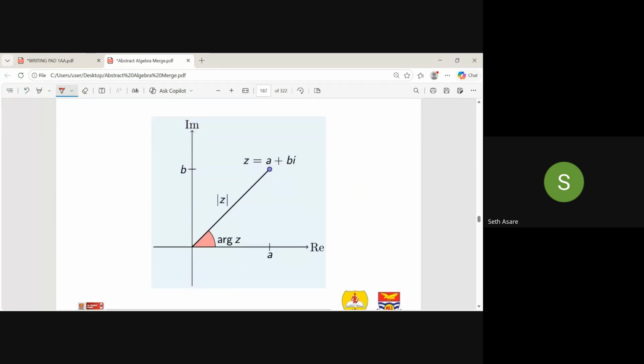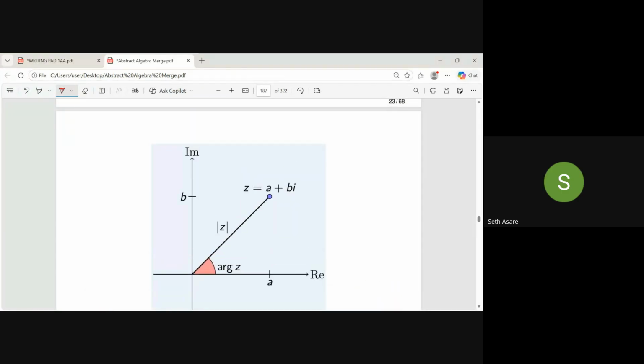All right, so let's try. Now, this is what is given to us. Z is equal to a plus bi. When we find the modulus, it is from here up to the point there. So this is the modulus. And this angle here, the shaded portion, that is what we are terming to be what?